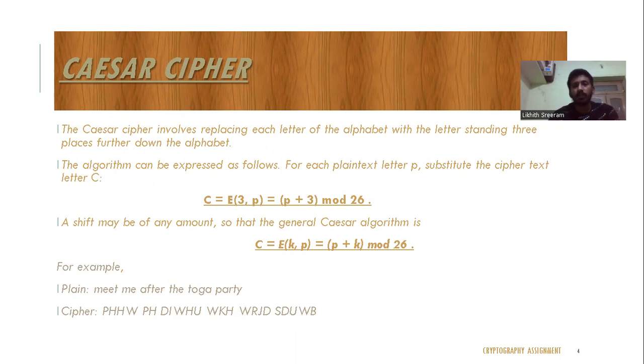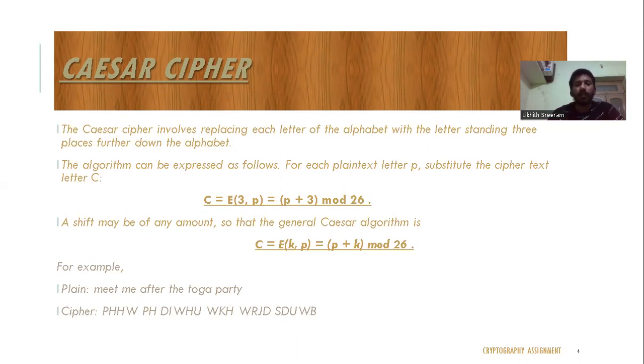So A, B, C, D. Now our cipher text will be D. The letters should not repeat, right? So we'll be doing mod 26, because the number of letters in English is 26.